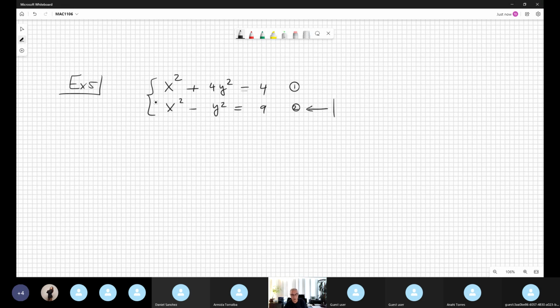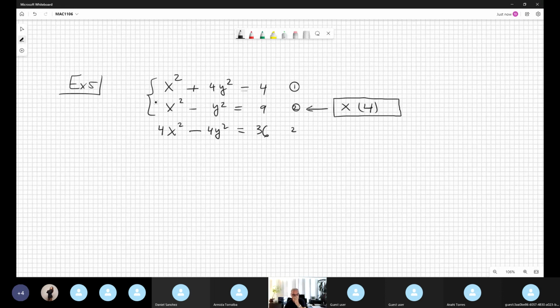So I propose, there are many ways, multiplying the second equation by +4, because we have +4 and I would like to get -4 here. So when you multiply the entire equation number 2 by +4, we have 4x squared minus 4y squared equals 36.